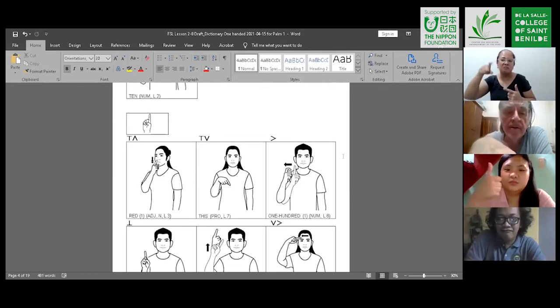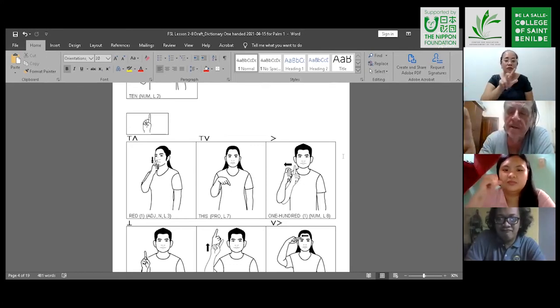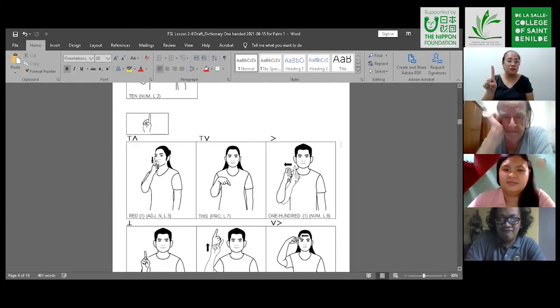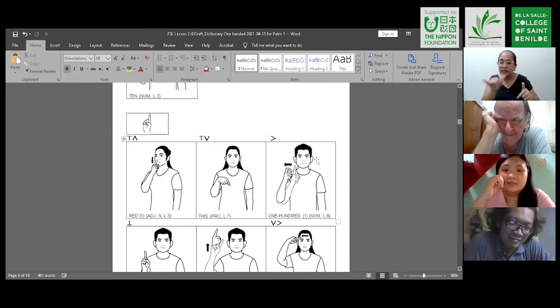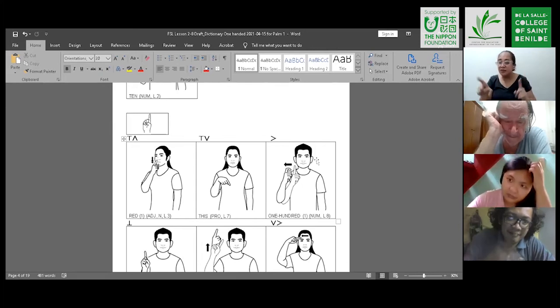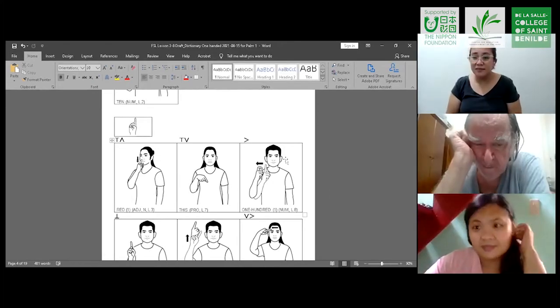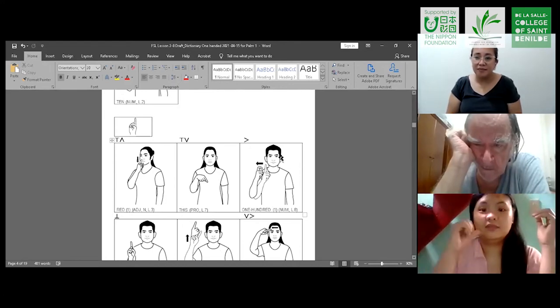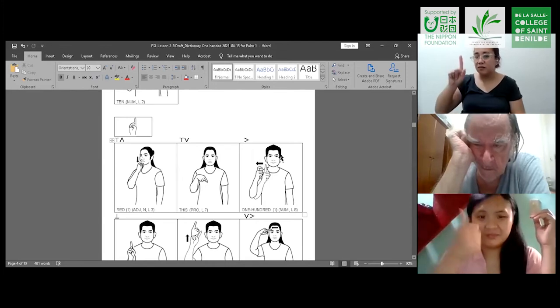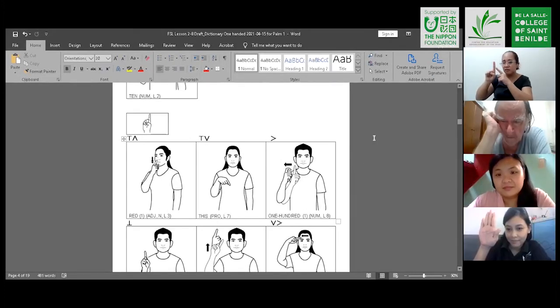Okay. And what about this order for the first 3 for this hand shape? Same or different? Yami has her hand up.